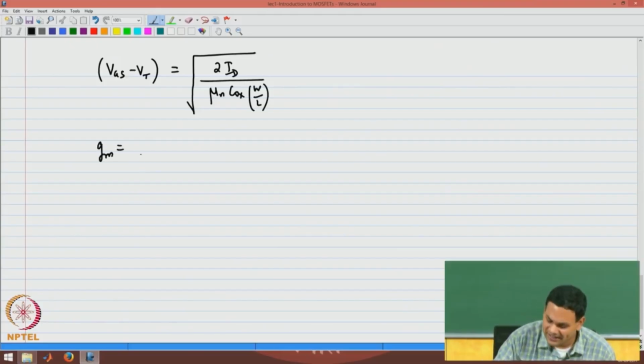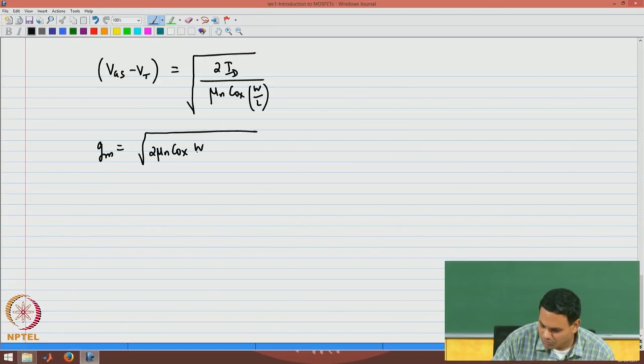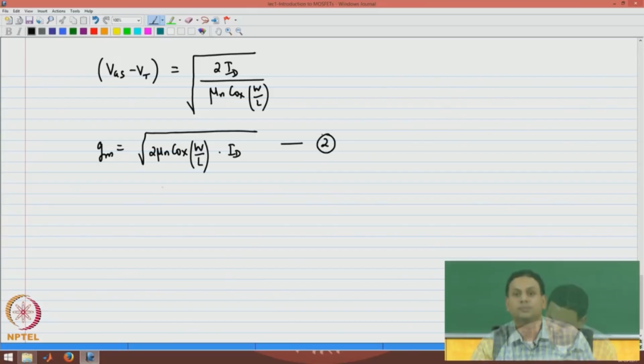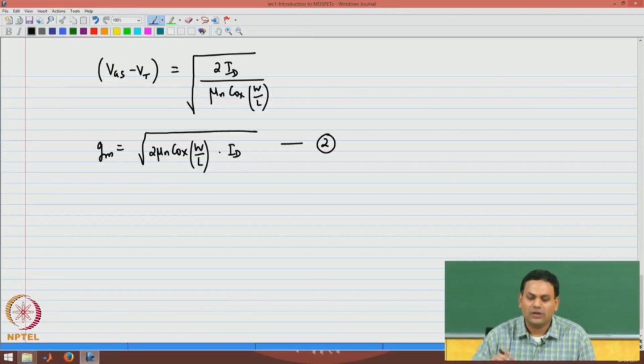So, you get the second expression for GM into ID. I will call this expression number 2.